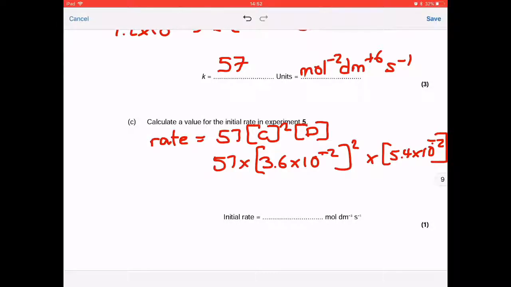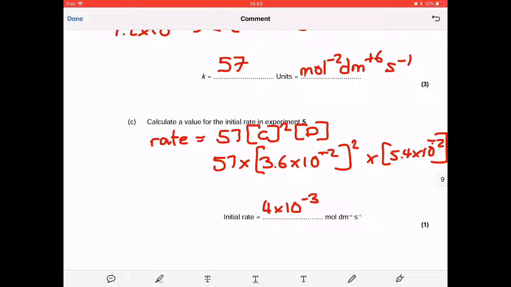And hopefully, if you put it into your calculator correctly, you should get a value of 3.99 times 10 to the minus 3, or just 4 times 10 to the minus 3 moles dm to the minus 3 seconds to the minus 1.